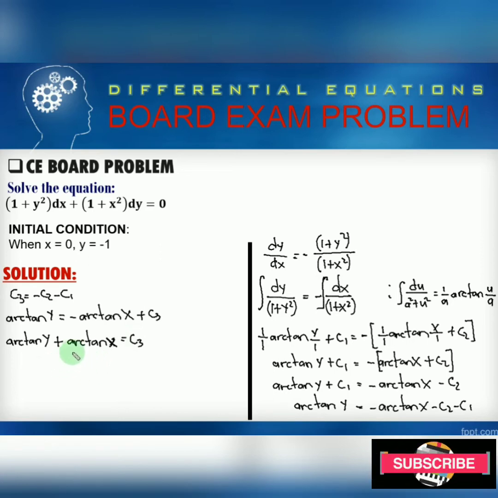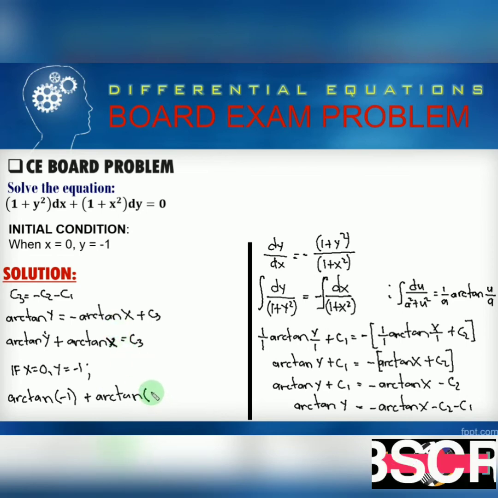So from here, based on the initial condition, using this x equal to 0 and your y equal to negative 1, by substitution we have the arctangent of your y, which is equal now to negative 1, plus the arctangent of your x, which is 0, is equal now to C3.